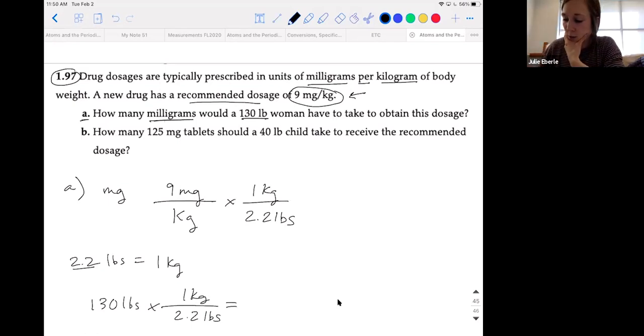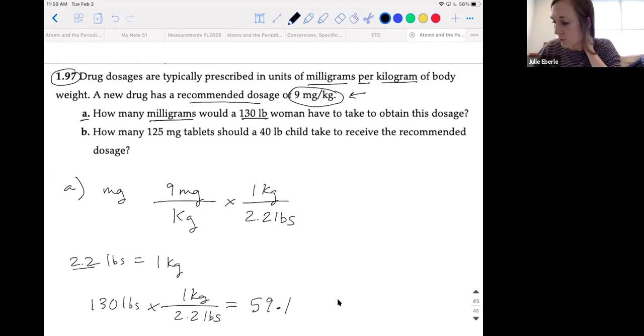So what is her weight in kilograms if we do it like that down here at the bottom? 130 divided by 2.2. 59.1.